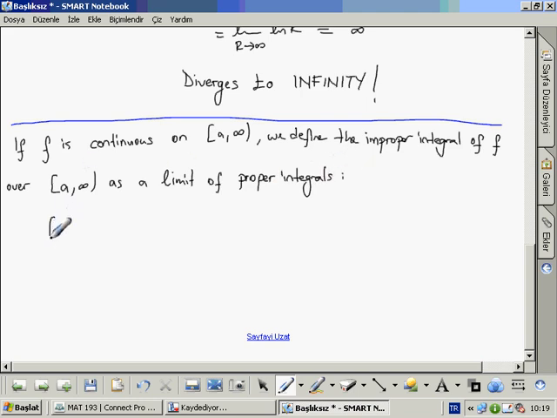That means the integral from a to infinity of f of x dx equals the limit as r goes to infinity of the integral from a to r of f of x dx.